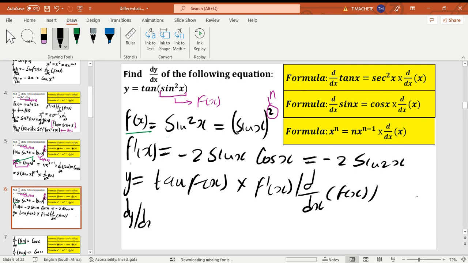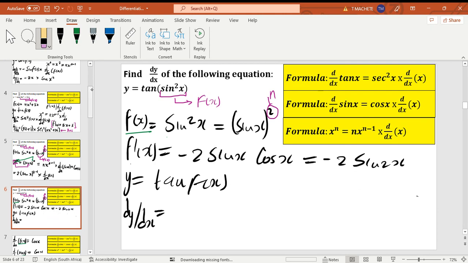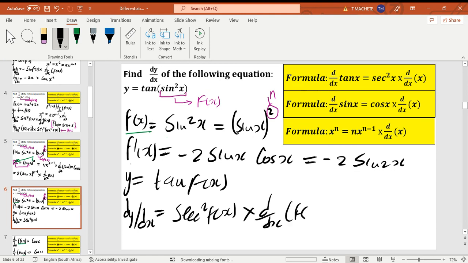Now let's substitute those values. We're going to have to differentiate first. I'm going to say dy over dx of tan f of x. Let me remove that. I was supposed to put it on when I differentiate. So tan f of x, you want the derivative of this, you'll get sec squared f of x, multiplied by your d over dx now, or your f prime of x.